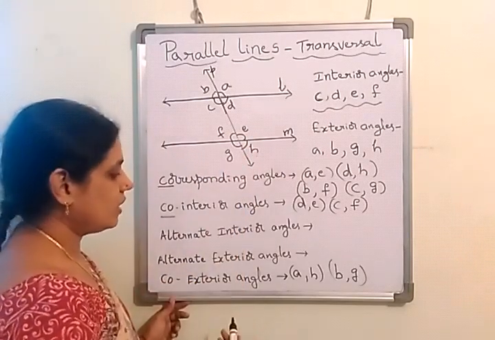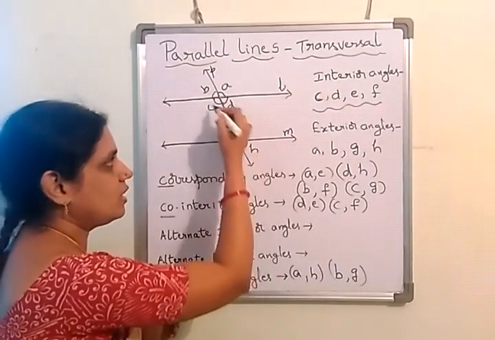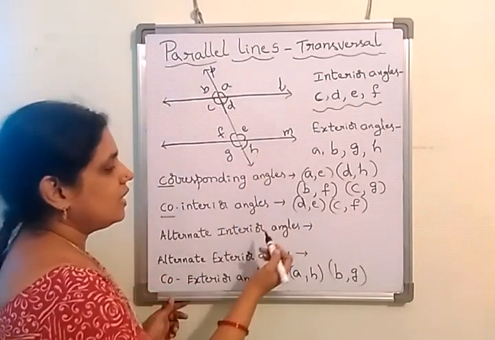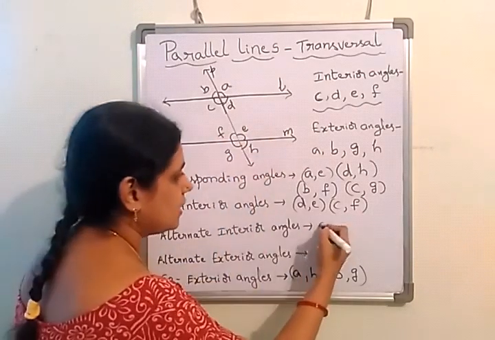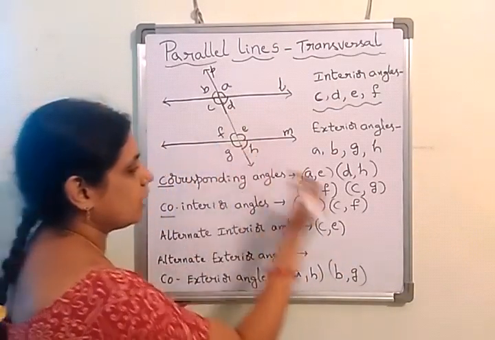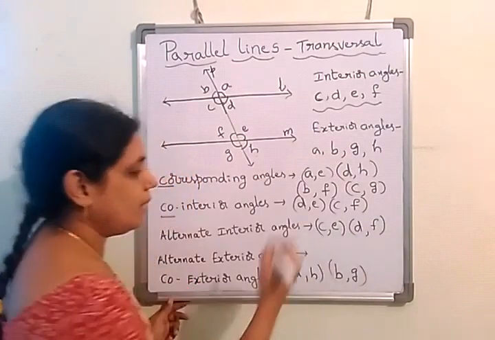That's why we are not giving another name, alternate interior. So alternate interior are on different sides of the transversal and interior. For C, that is E. In this way you will get. Okay, so see the positions. C, E and D, F is one more pair.